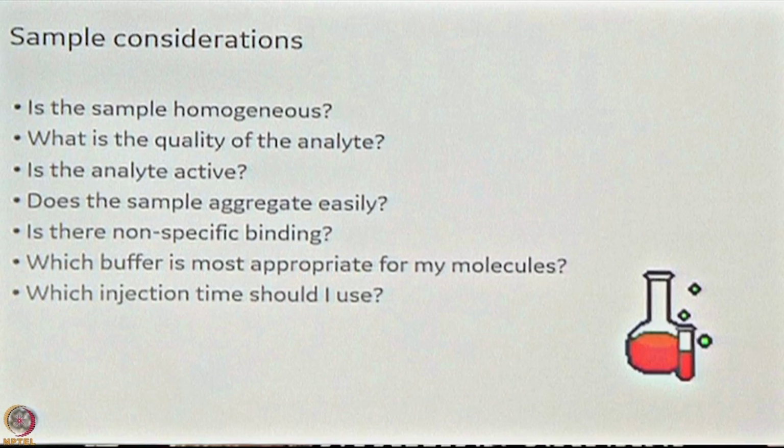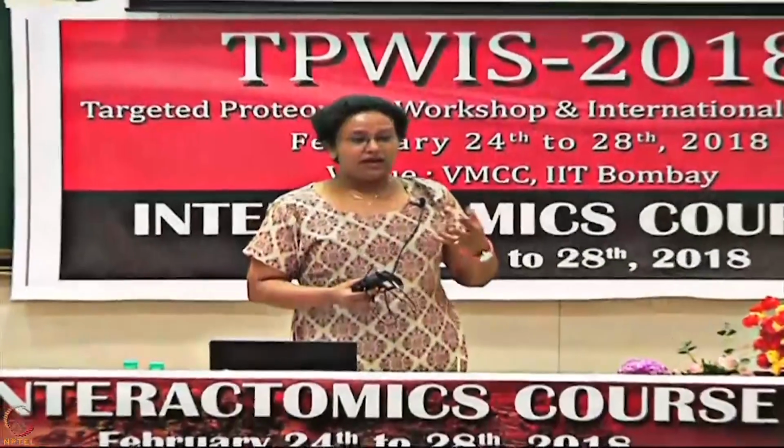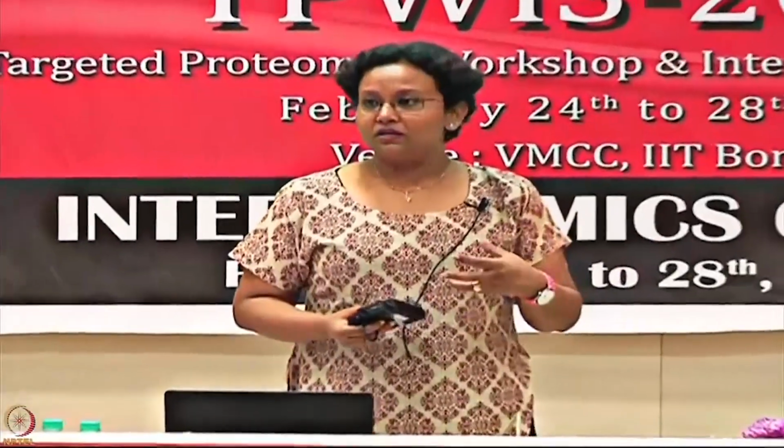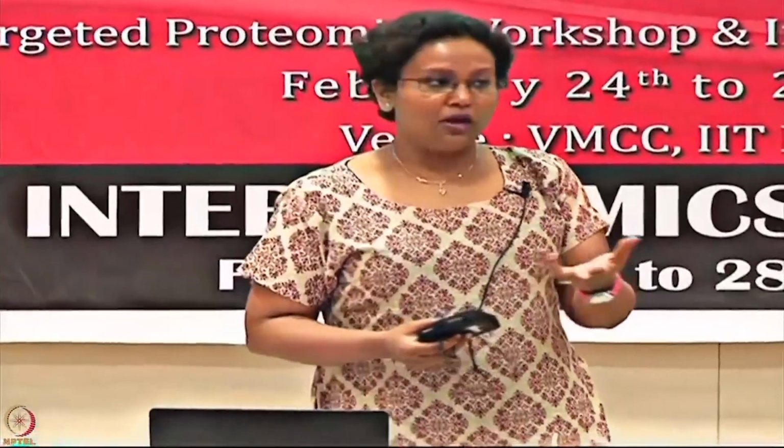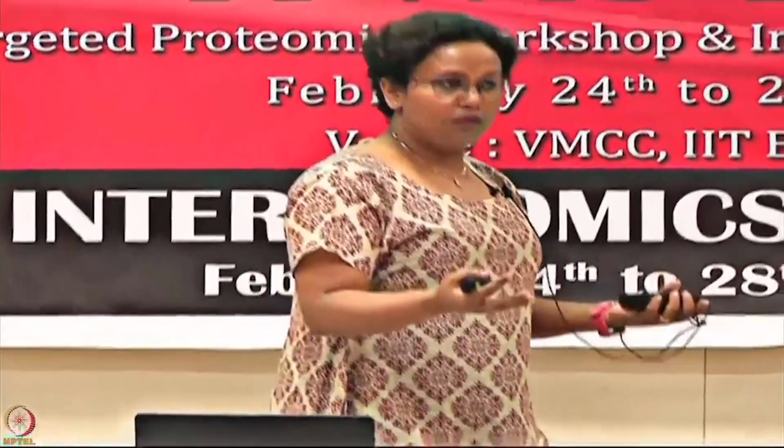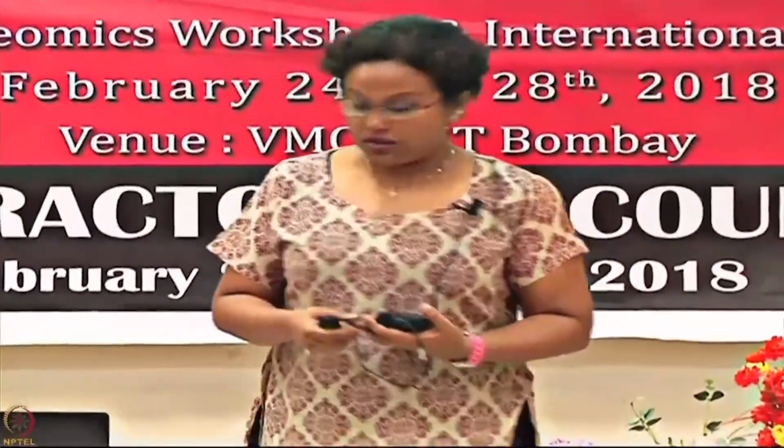And buffers, what buffers to use is also very, very important, because sometimes your interactants may require certain metals for binding to happen. That is something that you need to find out from literature, whether you want to add some additives to promote your binding. So, these are some things that need to be considered.